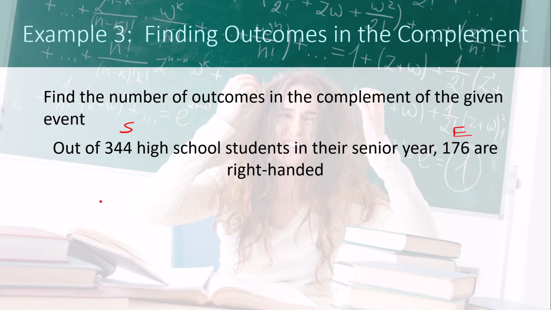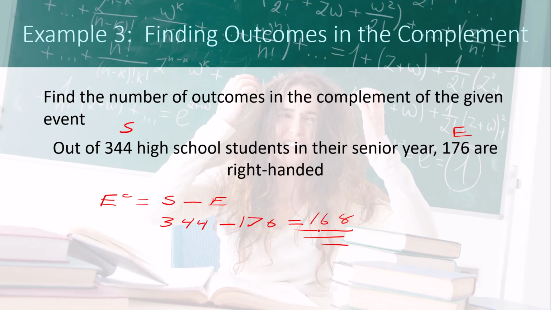Well, then the number of people in the complement is going to be equal to the number of people in the sample space minus E. The number of people in the sample space is 344. The number of people in E is 176. And notice that I'm not really describing sets here, I'm describing the size of each set. And that is going to be equal to 168. That would be our answer. That is what we are looking for.